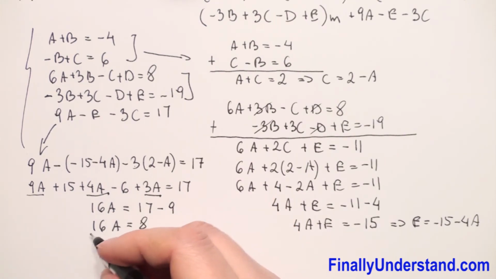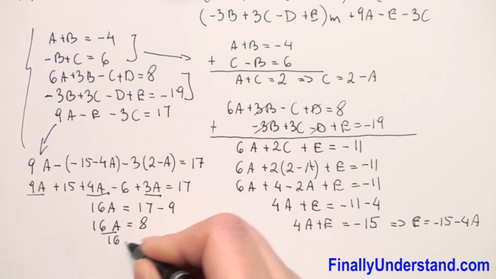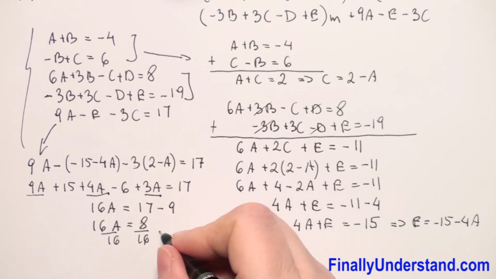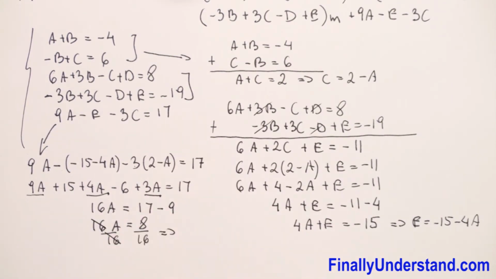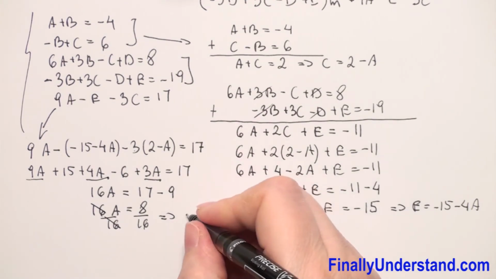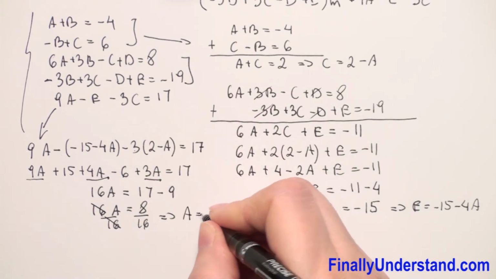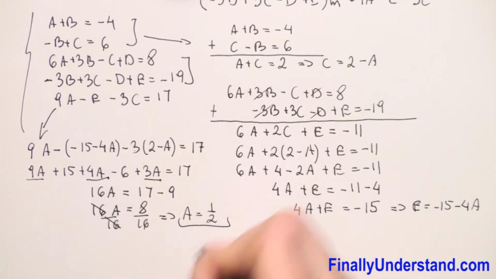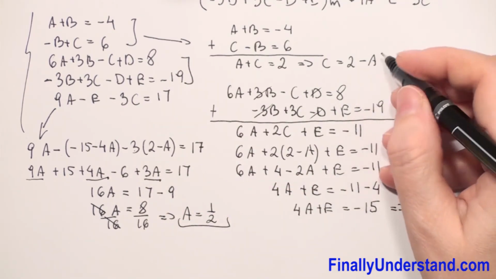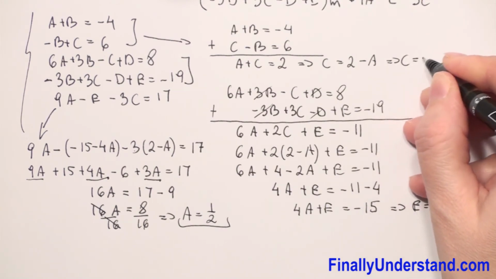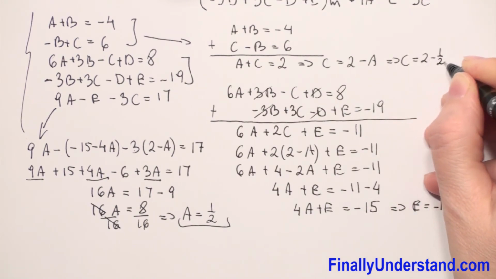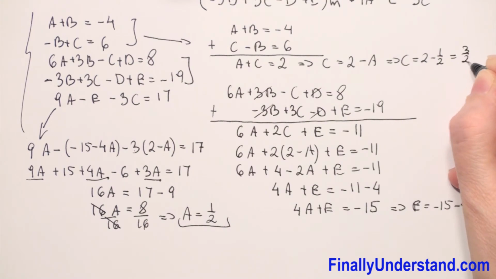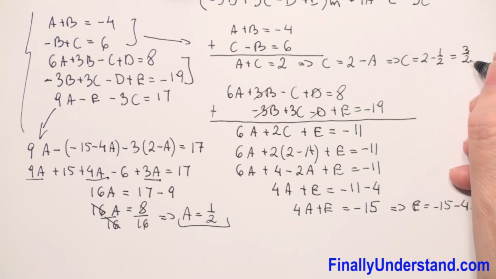So now we divide both sides by 16, and we can reduce that. a is equal, we can reduce 8 with 16, so it will be 1 over 2. We found a. So when we have a, we can find c. 2 minus 1 half. So this is 3 over 2, or you can write 1 and 1 half.